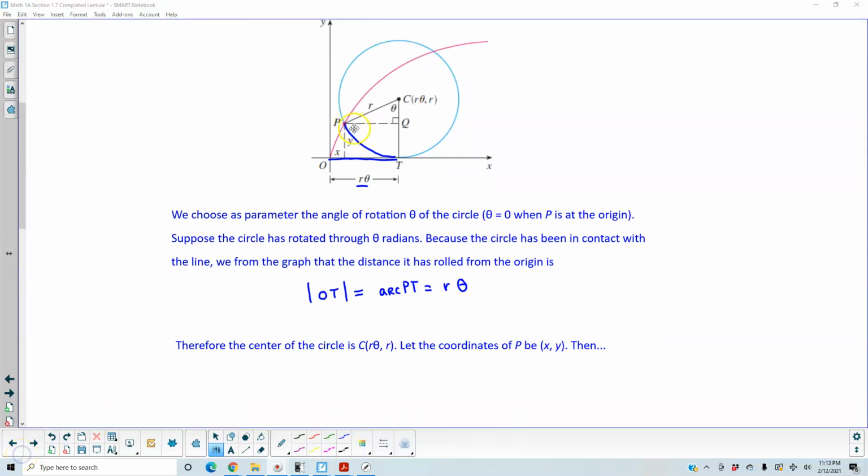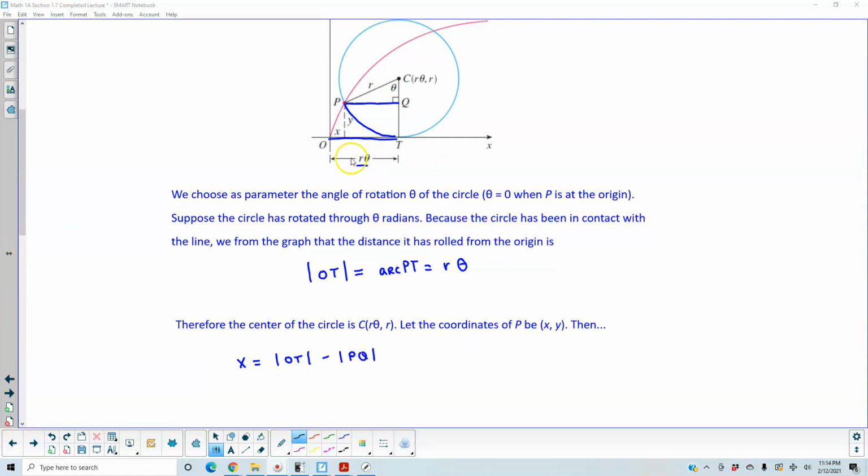So then, in order to find this distance here for x, x is going to equal the distance of OT minus the distance of PQ. So we know that the distance of OT is r theta, so this is equal to r theta minus, now PQ is equal to r times the sine of theta.